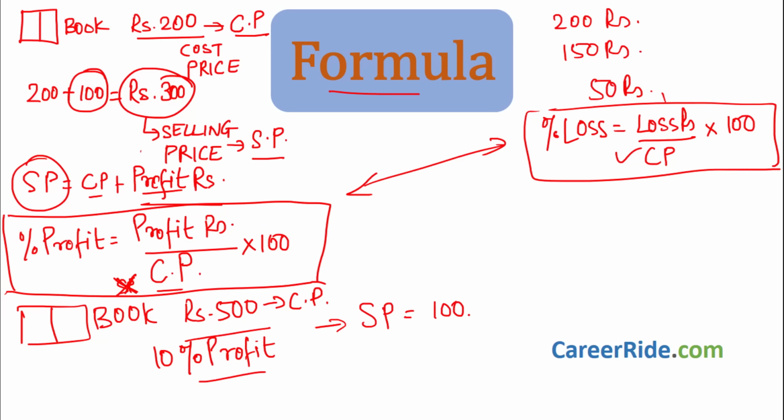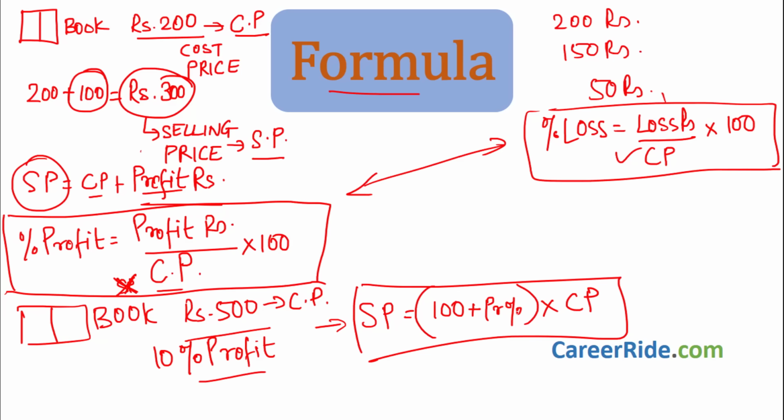Since we want profit, profit means more money, and more means addition, so add the profit percent, here it is 10%. We'll solve the example, but the formula is 100 plus profit percent multiplied by cost price. See how easy it was. It's just whatever profit percent is there, add 100 to it and multiply by cost price.